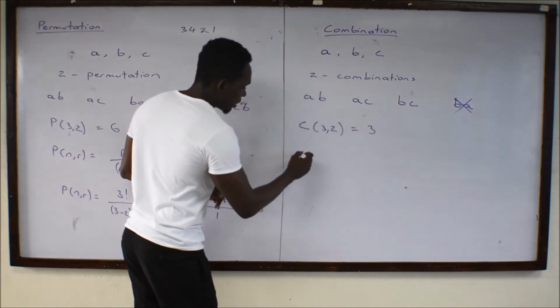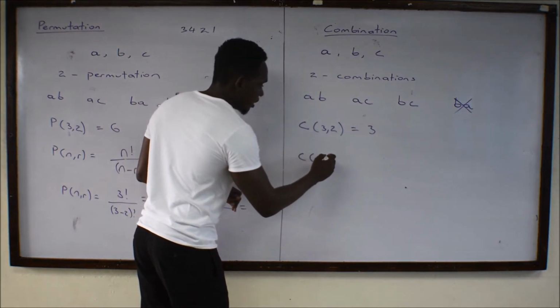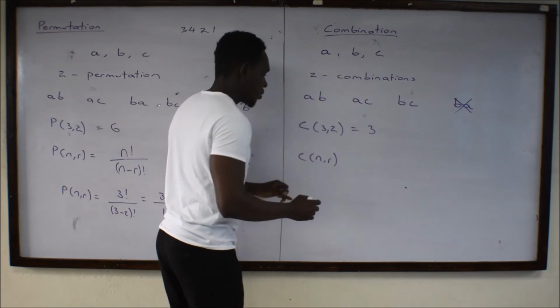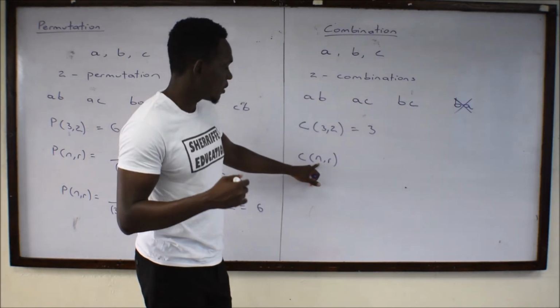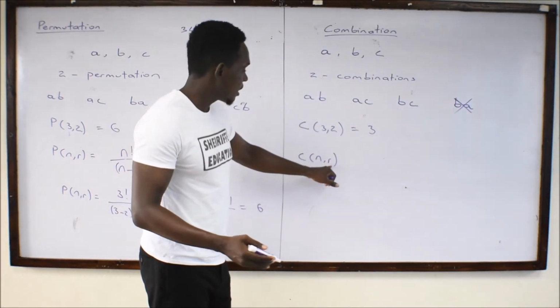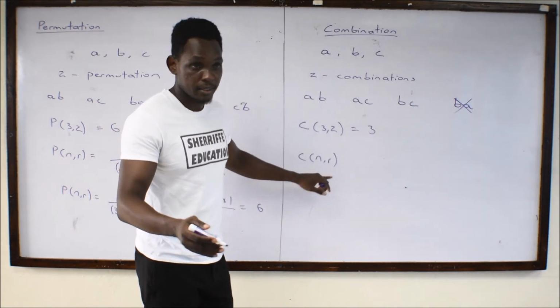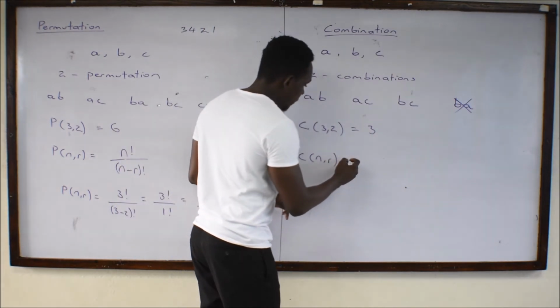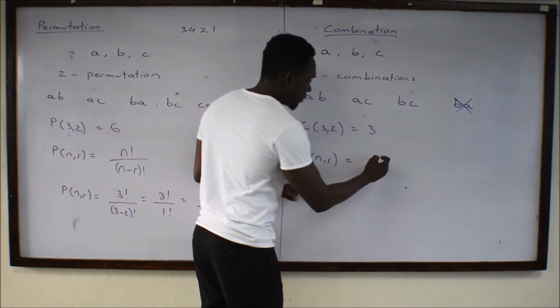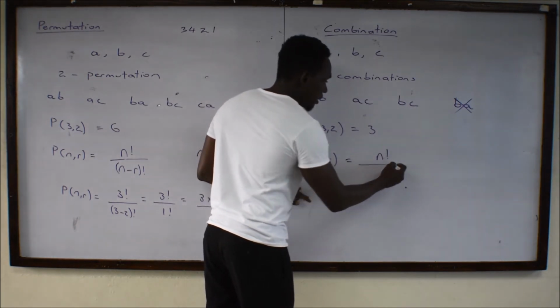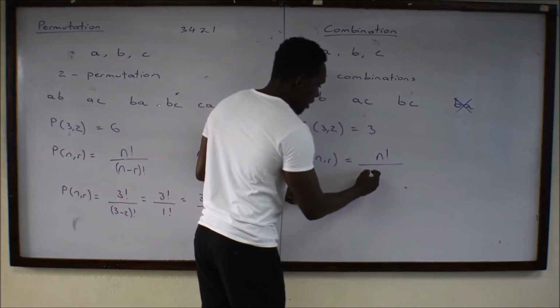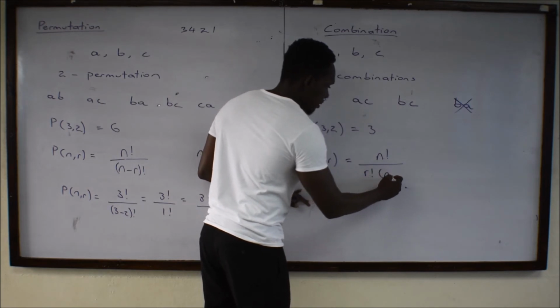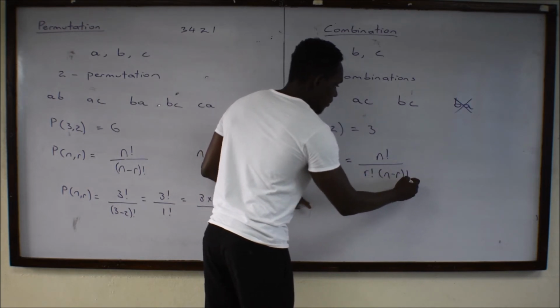In general, nCr, where n is the number of persons in the pool and r is the number that we are selecting, is equal to n factorial divided by r factorial times n minus r factorial.